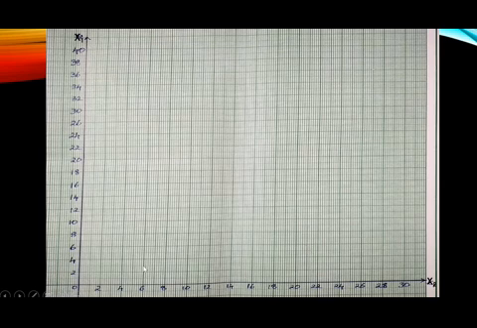I am considering the scale as 2. So 0, 2, 4, 6, 8, 10, 12, 14, and so on up to 40 along x1, and 0, 2, 4, 6, 8, 10, and so on up to 30 along x2. This will be your first quadrant area where you will get the solution.